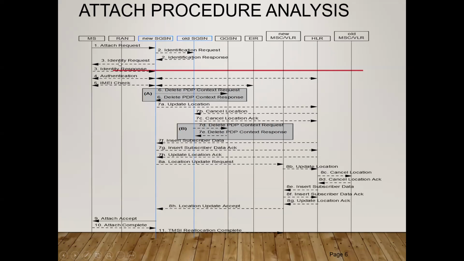In that case, when you get your identification message and the SGSN responds, and the new SGSN knows that this user was previously attached to the old SGSN, it will ask the GGSN to delete the old PDP context, which was between the old SGSN and the GGSN. So this is part A.